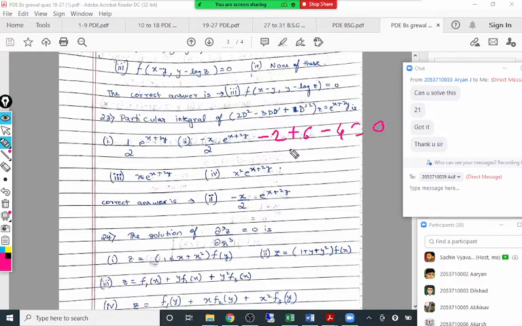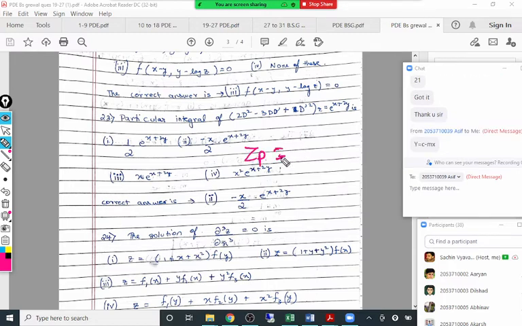So f of D, D dash is coming 0 when we replace D square by minus a square, DD dash by minus ab, and D dash square by minus b square. So the direct method fails, and the best method is the general method. Only for exponential you can go this way. We write the particular integral, multiply by x and differentiate the denominator.